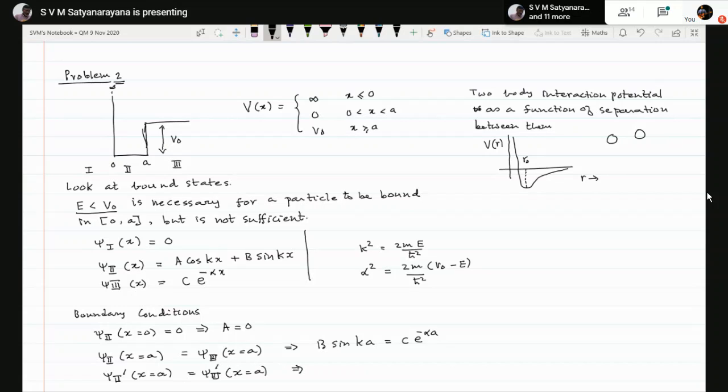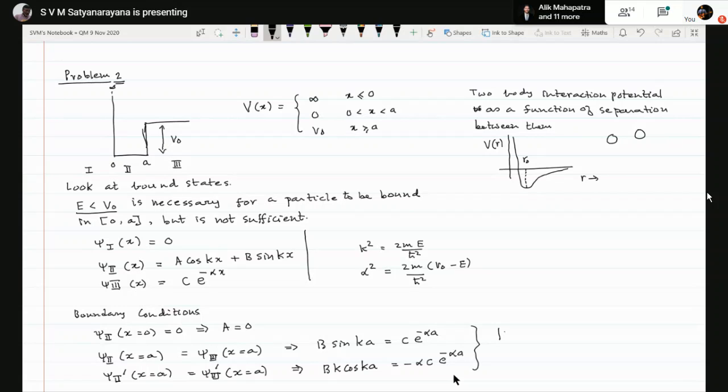Now this implies I have B k cos Ka is equal to minus alpha C e to the minus alpha A. So these are the two different conditions. Now I can take this and divide it by the first equation.